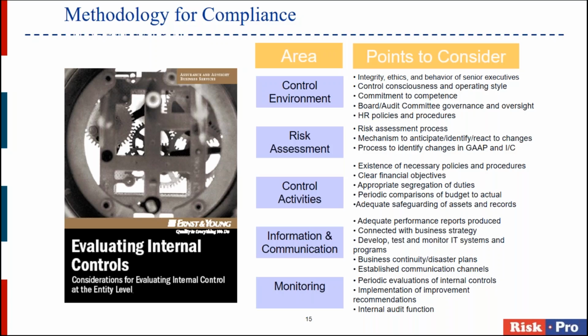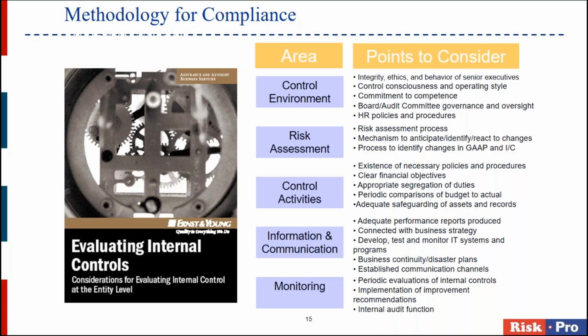There are clear financial objectives defined in the system. There is appropriate segregation of duties available in the system. There are periodic comparisons of budget to actual evaluation. There is adequate safeguarding of assets and records.